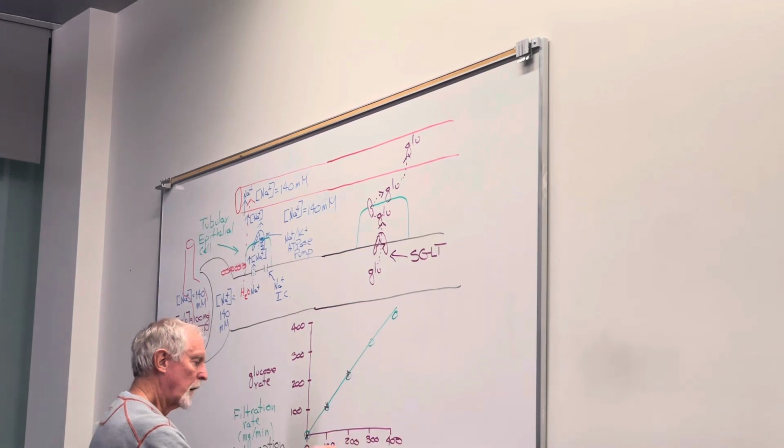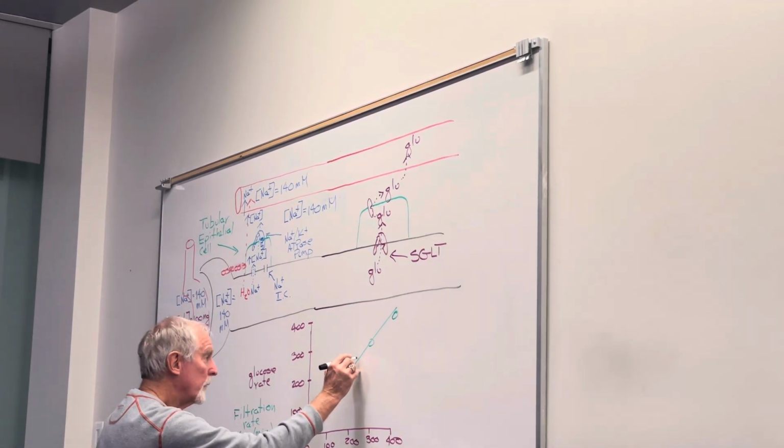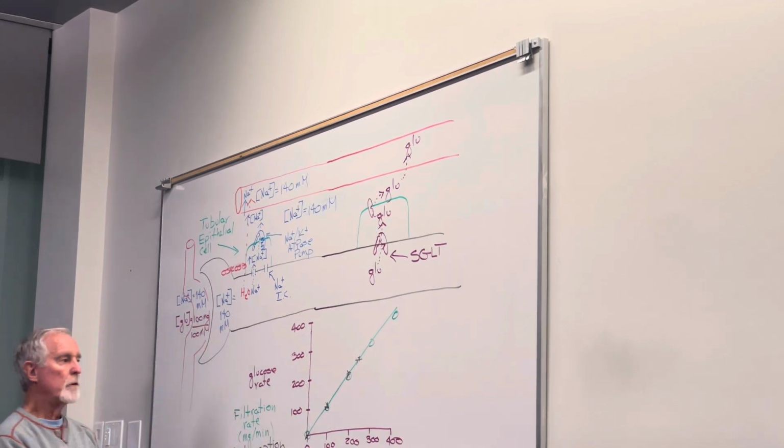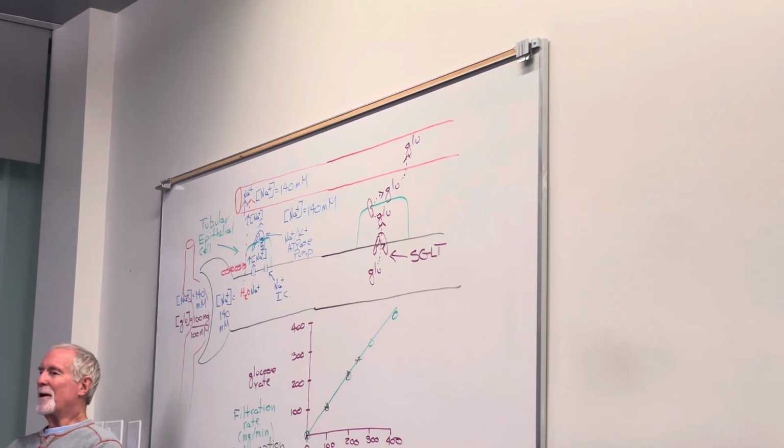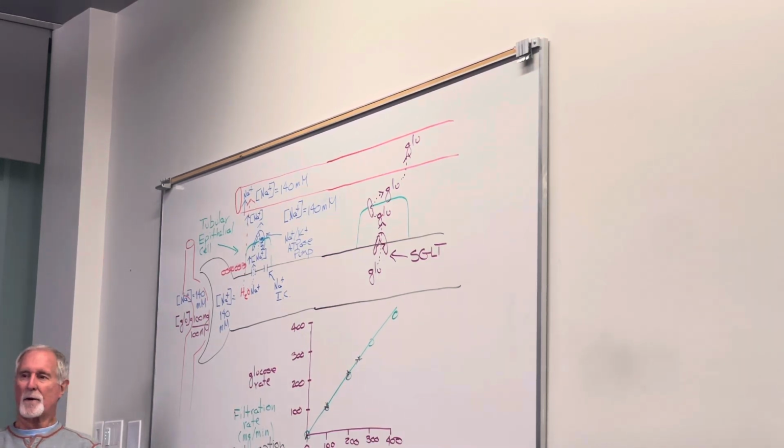So if the concentration of glucose is 250 milligrams per 100 mLs, the reabsorption rate will be 250 milligrams per minute. And now we have to return to Mr. Cow.